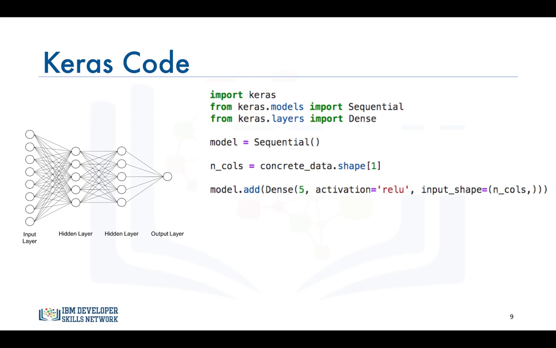As per our discussion in the video on activation functions, ReLU is one of the recommended activation functions for hidden layers, so we will use that. And for the first hidden layer, we need to pass in the input shape parameter, which is the number of columns or predictors in our data set. Then we repeat the same thing for the other hidden layer, of course without the input shape parameter, and we create our output layer with one node.